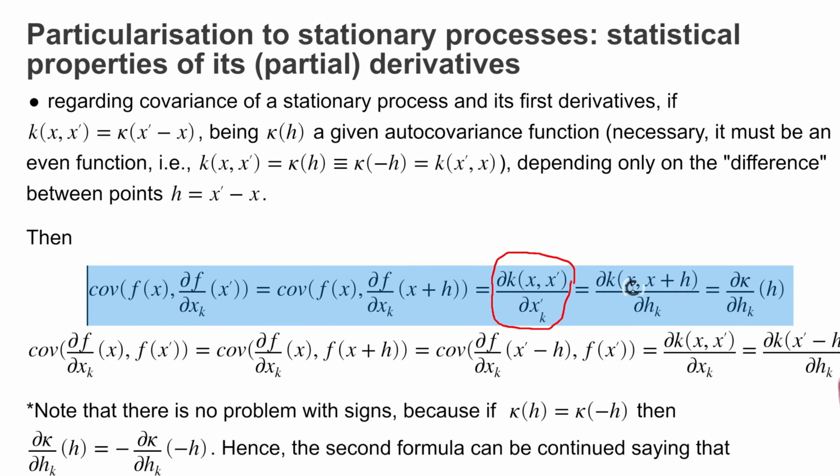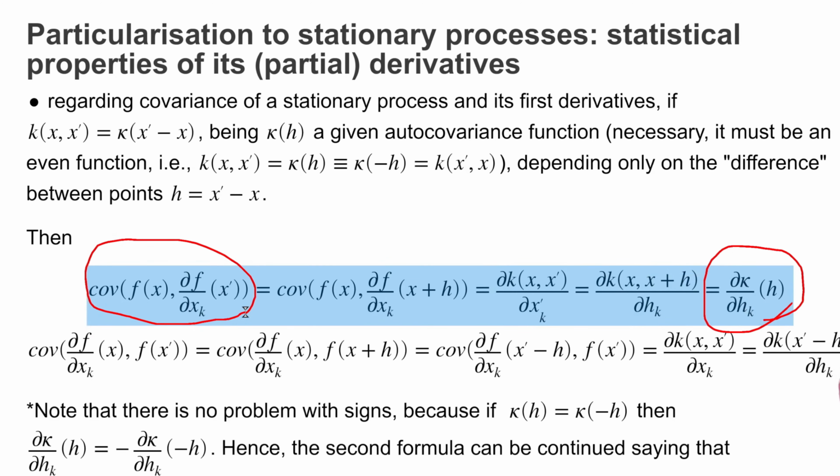But okay, that's the same as the partial derivative with respect to the kth component of h in this expression, because h is only in the second argument, and as that function is actually kappa of the difference, which is h, then we have the expression I wanted to obtain.